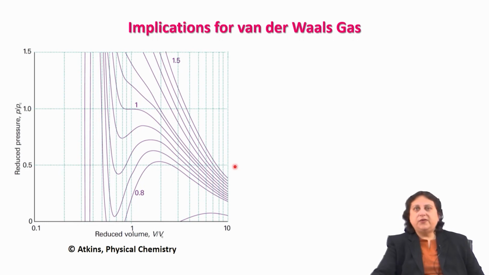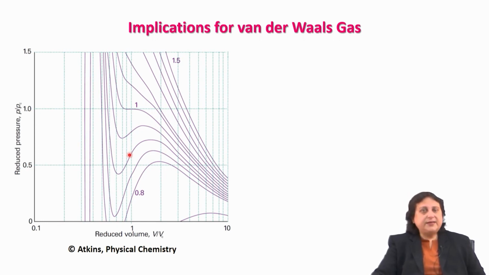hyperbolic behavior as predicted by the van der Waals gas, which basically says that the gas is going to behave ideally. Now, let us say I go on cooling the system. From higher temperature, if I go to lower and lower temperature, I find that the nature of the isotherm as predicted by the van der Waals gas is going to change.